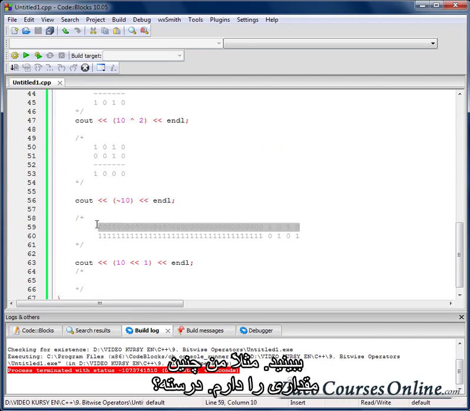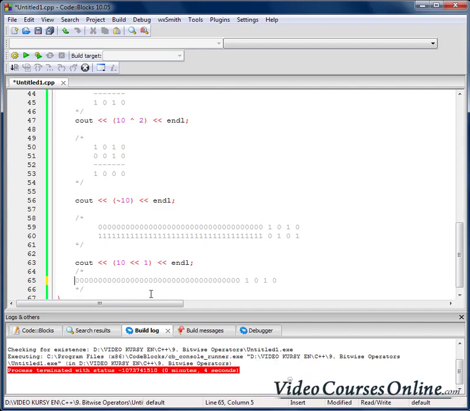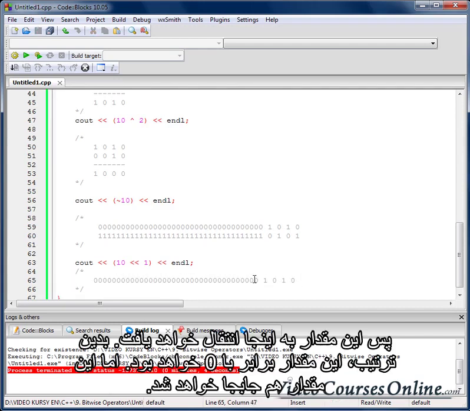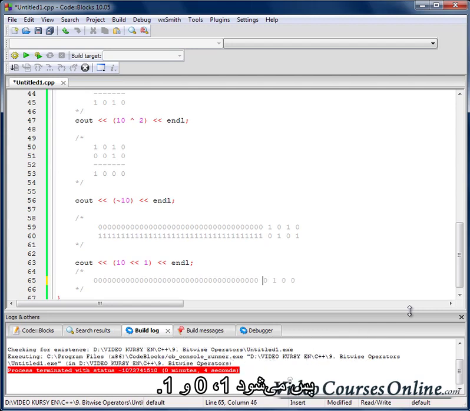Look, for example, I have this here, right? And I am saying, hey, move to the left side. So this bit here will be moved to that place, so that one will be 0, but the one that was here is moving here, so 1, 0, and now 1.